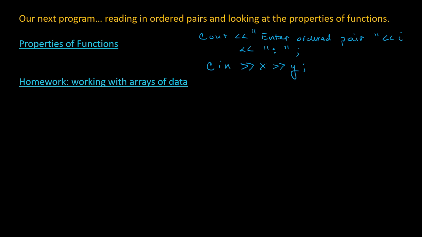I will caution you, and we may run across this later in the semester, when you're mixing character input or string input with numeric input, if you read in a string and you're not reading in the entire line, it leaves a new line character in the buffer, which means that if you use cin to try and read in an integer, it thinks you pressed enter.